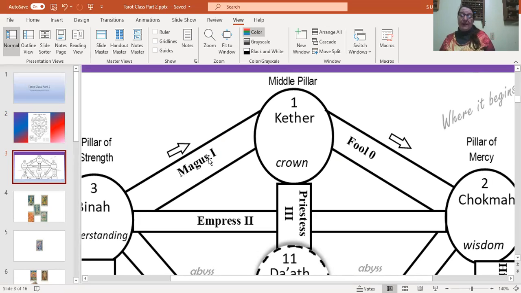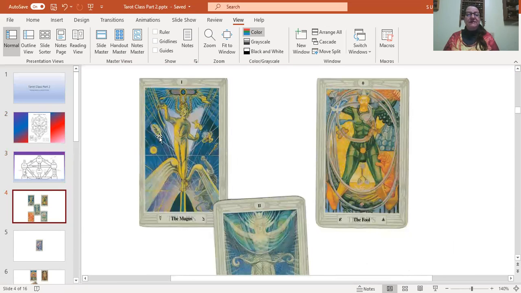The mage or the magus, on the other hand, is on the upside, going towards the crown. And this indicates that his energy needs to be put out to get to the crown. He's got to work hard to do that. And in most traditional images, we see that he has one hand up and one hand down.